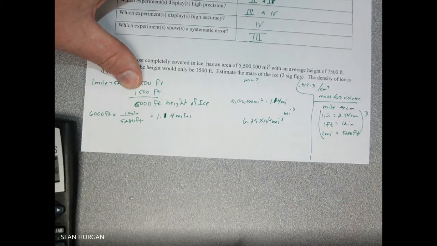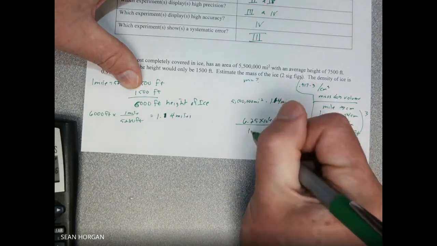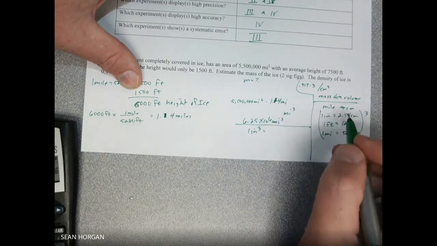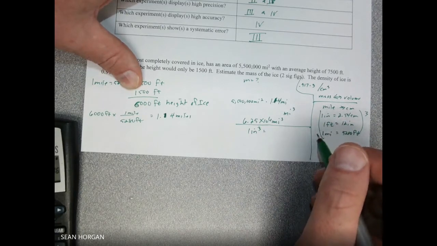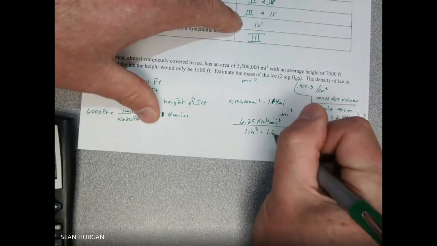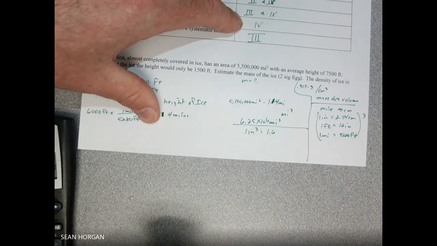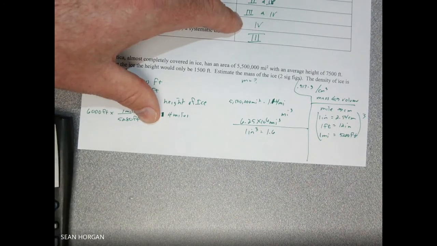So I'm going to rewrite it underneath, under here. So I'm going to cube an inch. I'm going to cube 2.54, which is going to give me, let's see, 2.54 cubed.